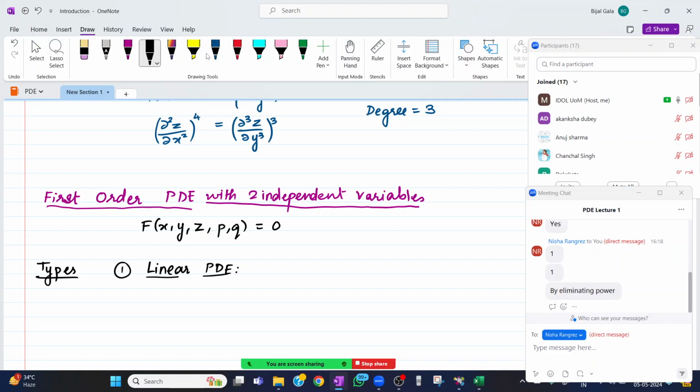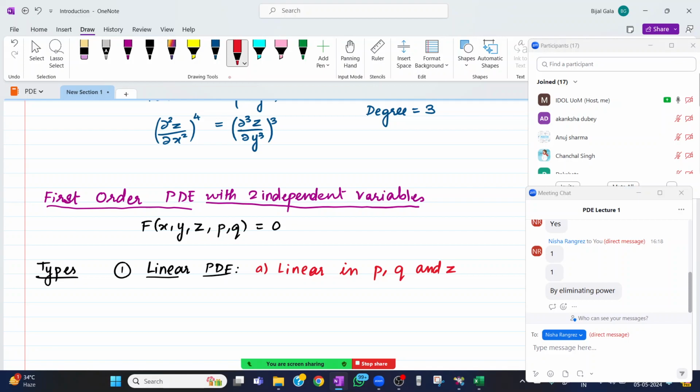Let's understand. There are rules. Rule number 1, it is going to be linear in p, q, and z. It would be linear in p, q, and z, which means the degree of p as well as q as well as z, all 3 would be 1.